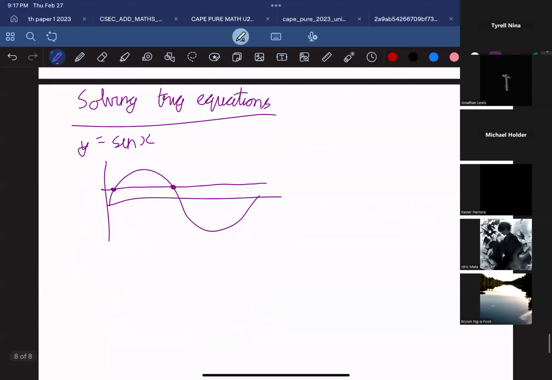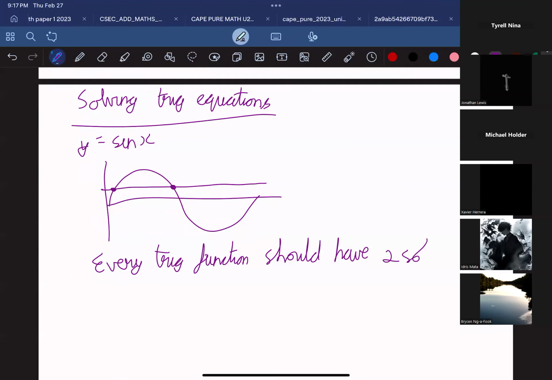So every trig function should have two solutions. You have a couple exceptions like 90, 180, 270, 360, right? You have those exceptions, but otherwise every trig function has two solutions, right? So how do we get these solutions?